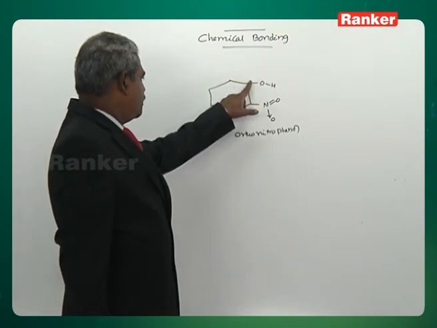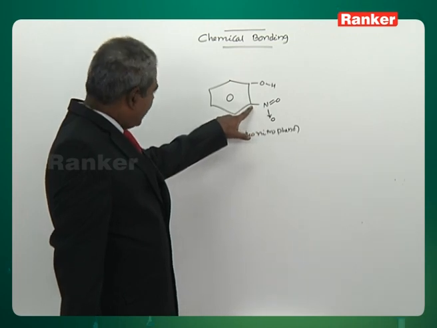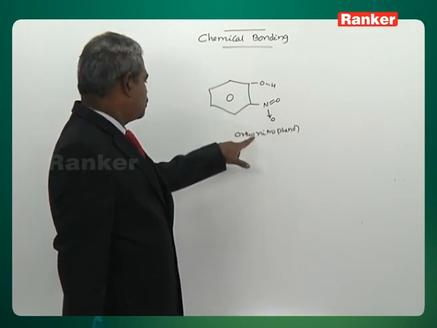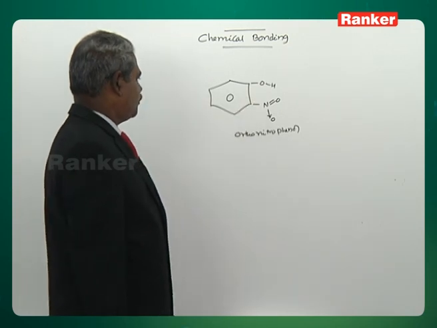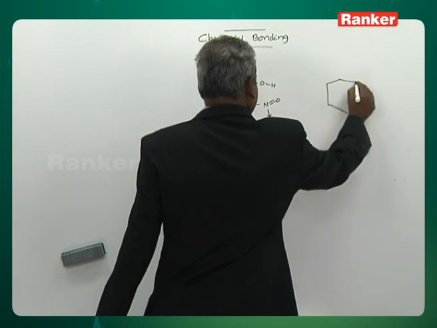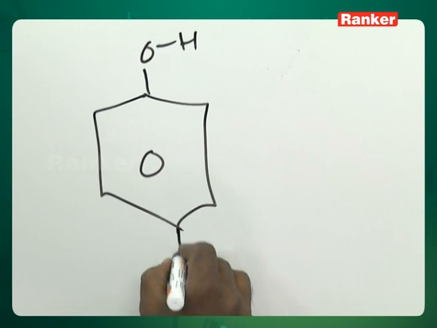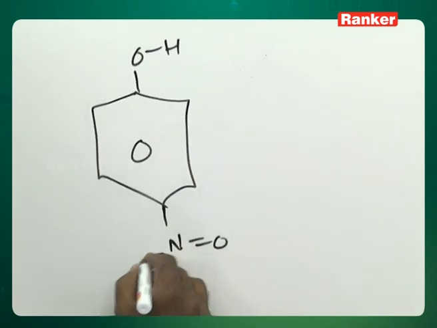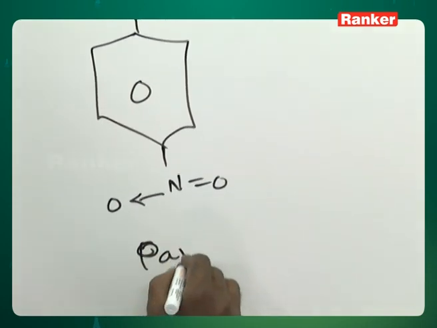If you have an OH on benzene, it is called phenol, and if you have NO2 next to OH, it is called orthonitrophenol. And paranitrophenol, the same phenol, but the NO2 is in the para position opposite to it. This is called paranitrophenol.